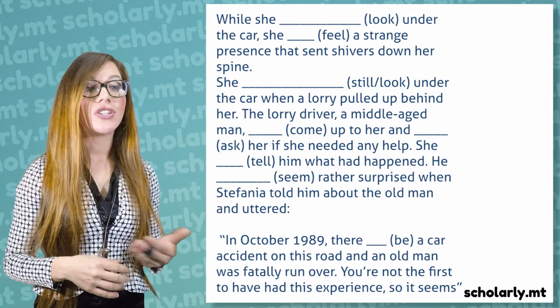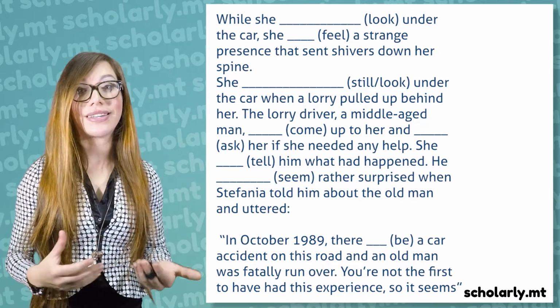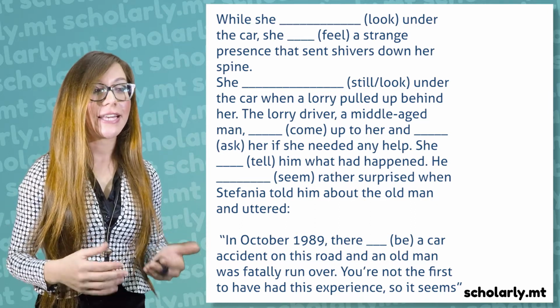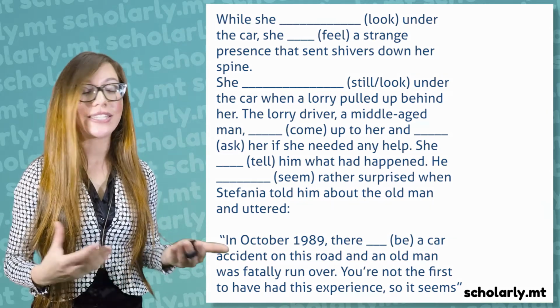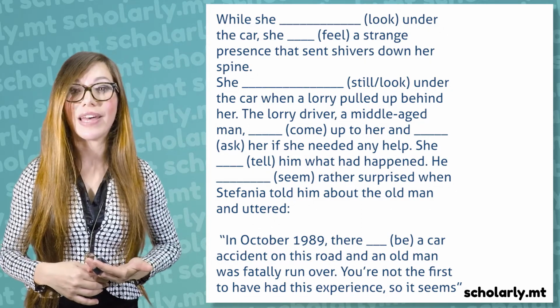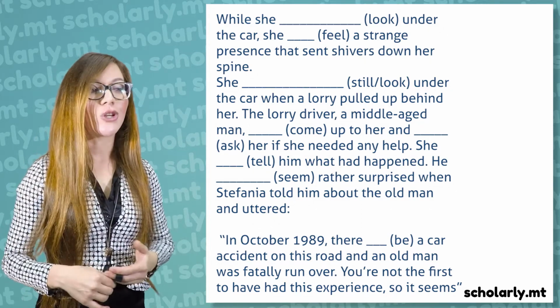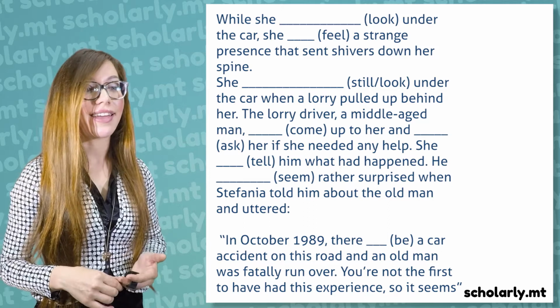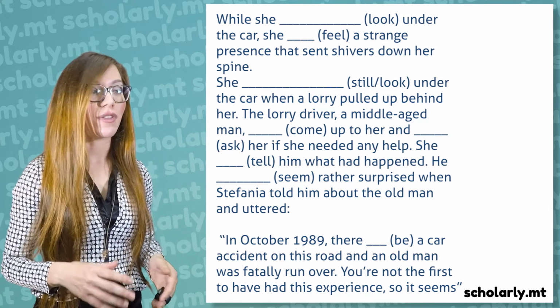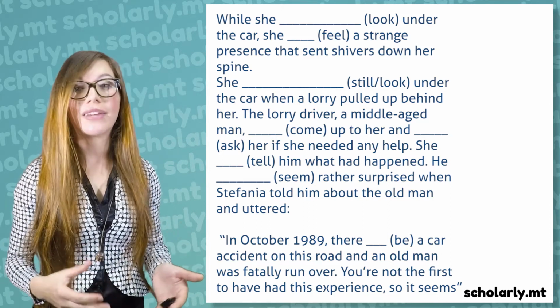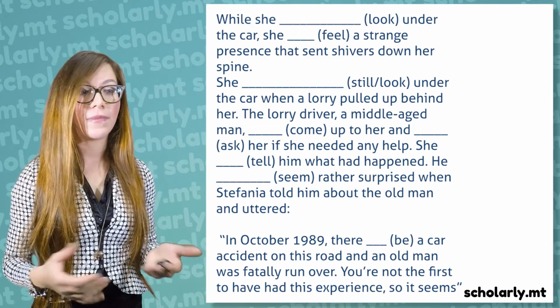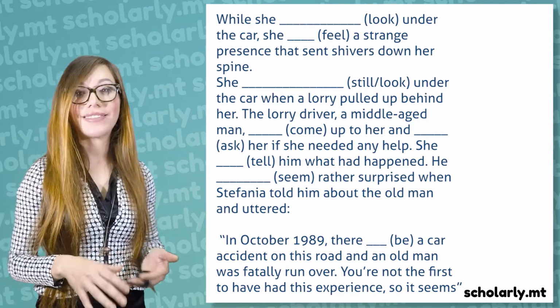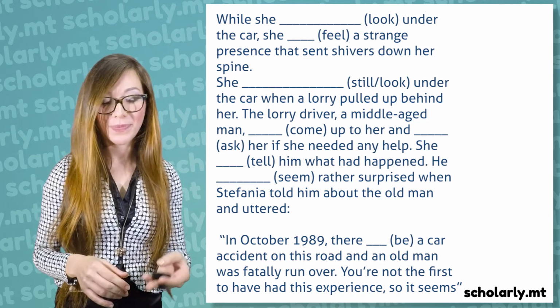Him, what had happened. He rather surprised when Stefania told him about the old man and uttered, "In October 1989 there a car accident on this road and an old man was fatally run over. You're not the first to have had this experience, so it seems."